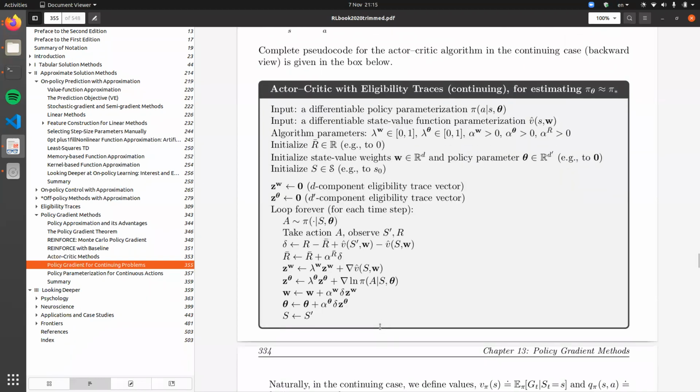The change is in this line, where we change how we compute delta, plus we add the update for the average reward that we need to compute this delta.